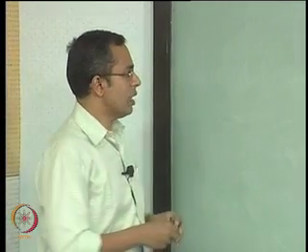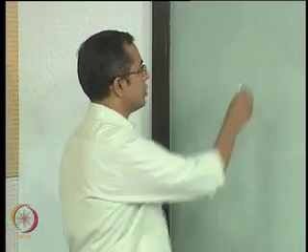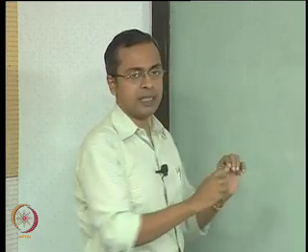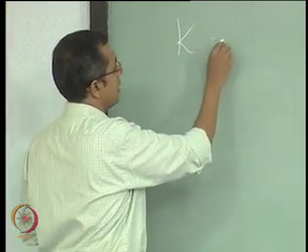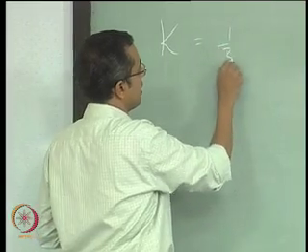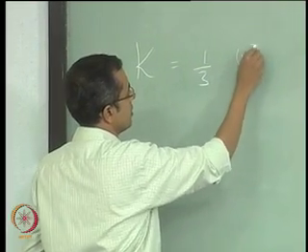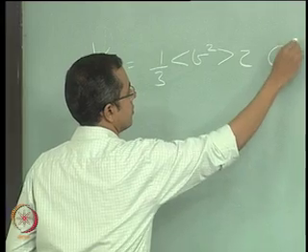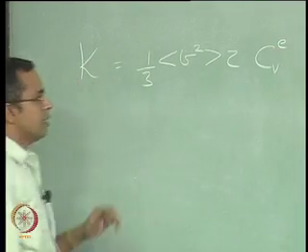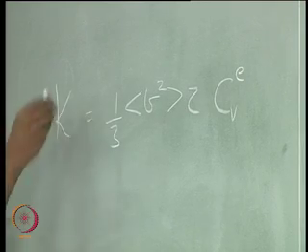Now it turns out that if you look at the expression for the thermal conductivity, which is K equals 1 by 3 ... this is the expression that the Drude model gives us for the thermal conductivity.